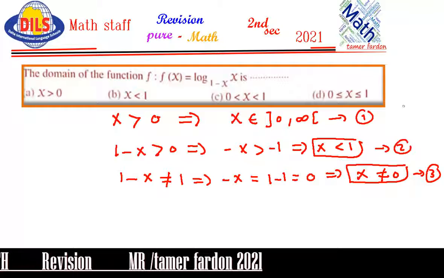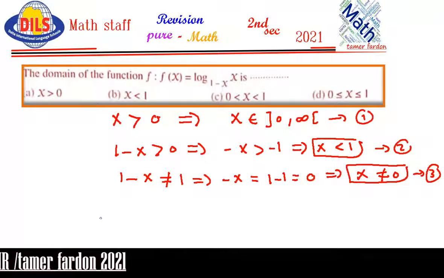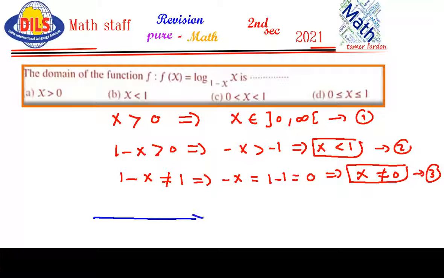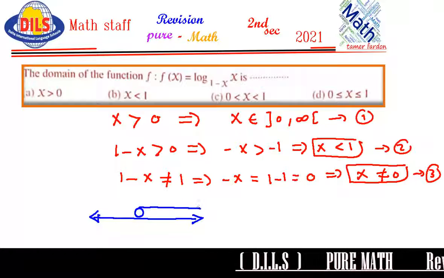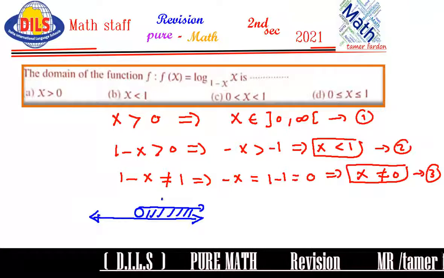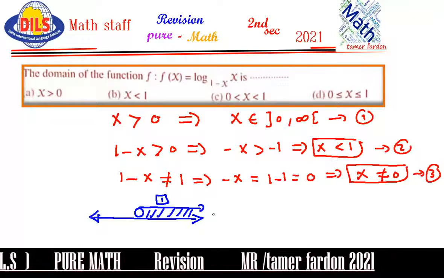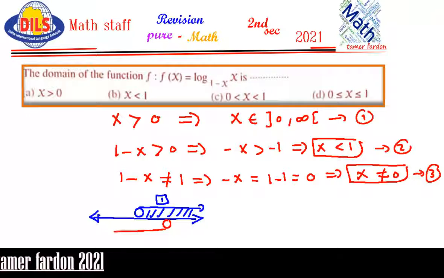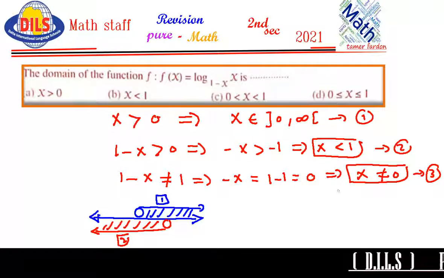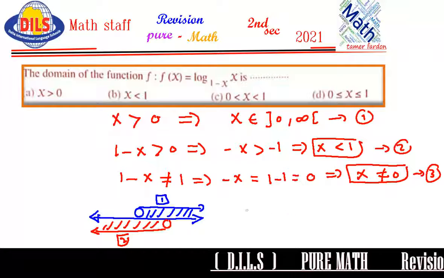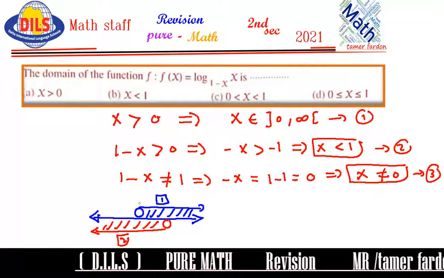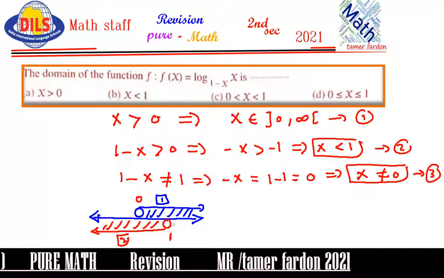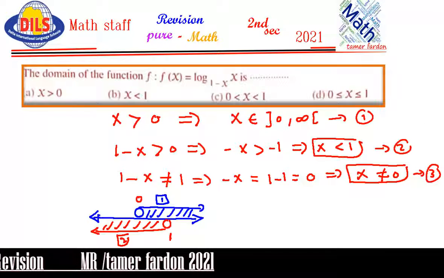From 1, 2 and 3, we get x as the following. From 1, x from 0 up to infinity. From 2, x less than 1, from 1 down to negative infinity. From 3, x doesn't equal 0.